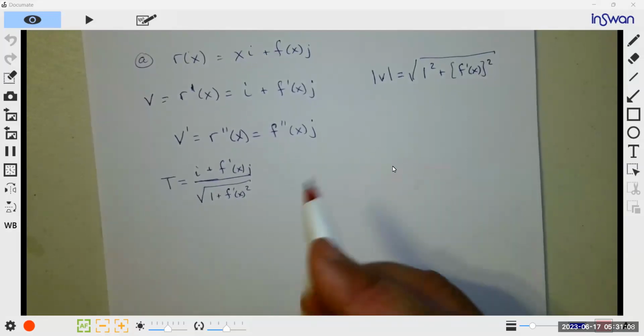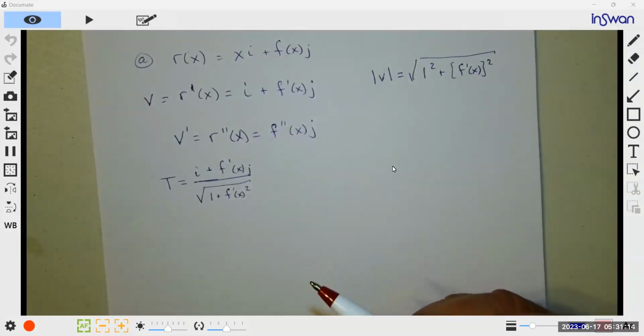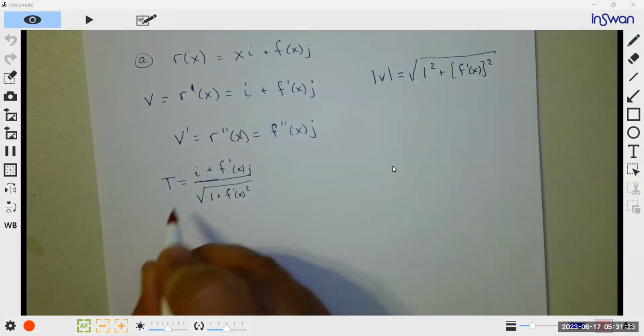But we have to find k, because that's what it's asking us to find. Twice differentiable function of x, then we have to find k, right? So we found t.